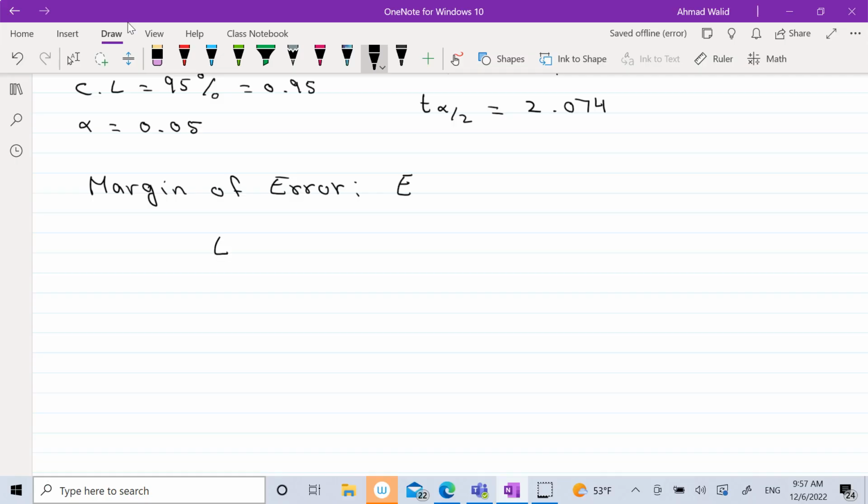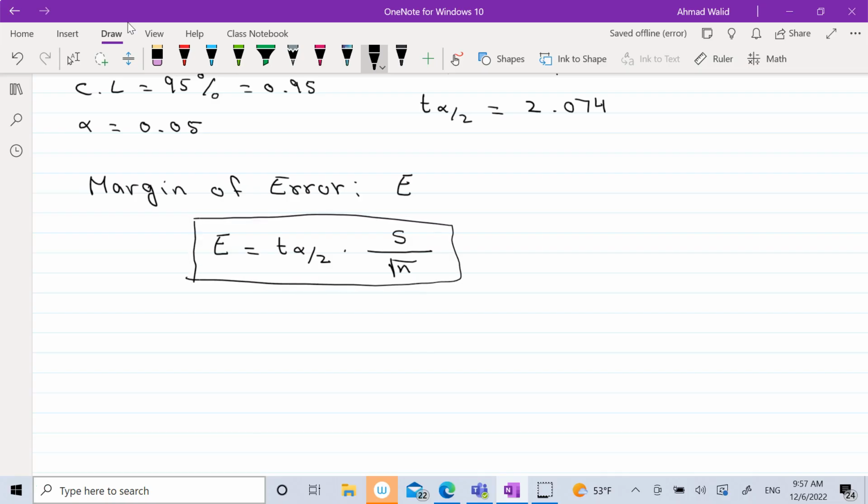Instead of Z alpha over 2, this time we are using T alpha over 2, times, where before you had sigma, right now we are using the sample standard deviation s, which will be given for you in the example, correct? And square root of n. This is the formula that you use to calculate the margin of error.